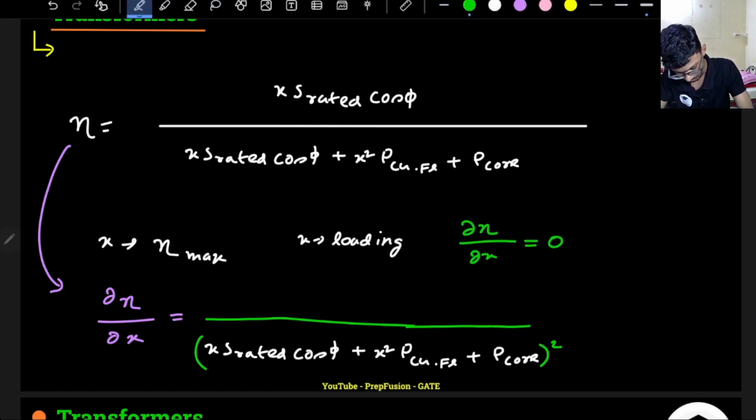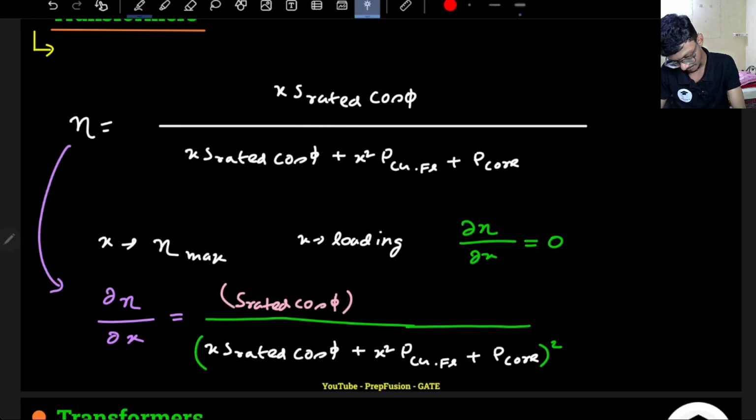Now I will differentiate the top one. S rated is a constant number, X is variable. S rated is V rated into I rated, a constant number, the full load current. So S rated cos phi will be there, multiplied by the bottom term, so this term actually will be there.